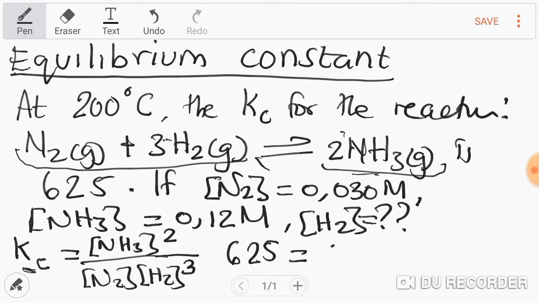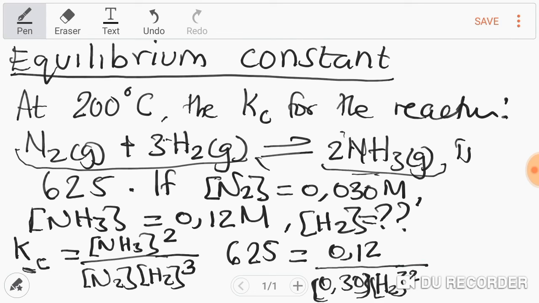The concentration of NH3 is 0.12 over 0.030, and then the concentration of H2 cubed. So we have to make H2 the subject of the formula.